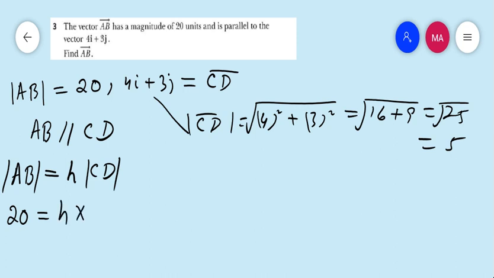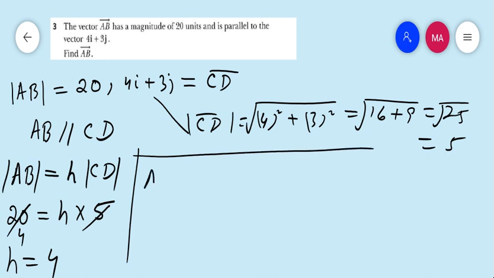So h multiplied by the CD magnitude 5 is 20. 5 ones are 5, 5 fours are 20. Therefore the value of h is 4. Now, how to find AB?